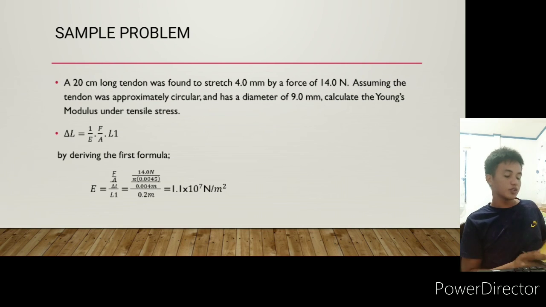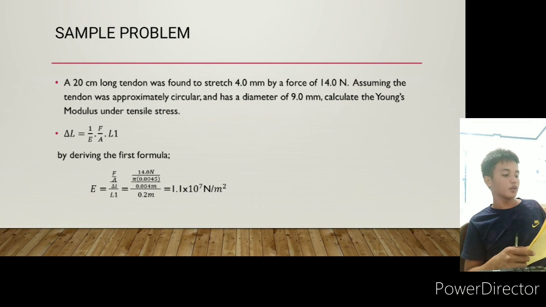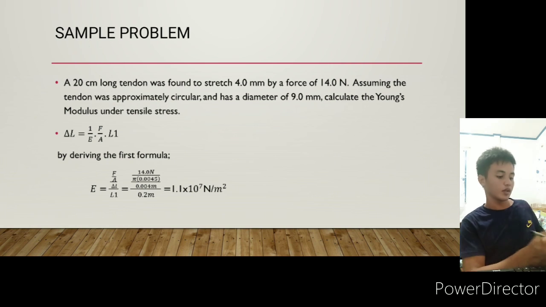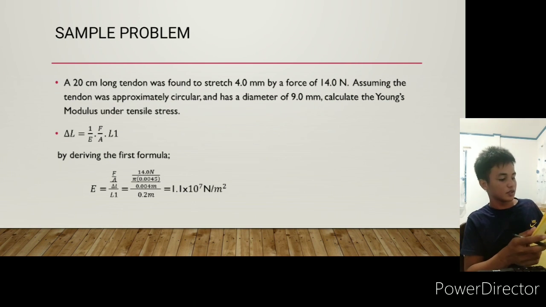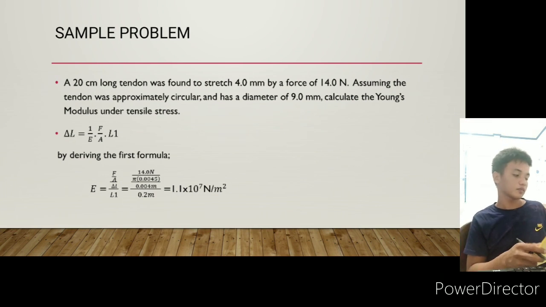So 9.0 millimeters times 0.001 meter over 1 millimeter. So we can cancel the millimeter. After we get the value, we need to multiply it by 1/2, so we get the value of area, which is pi times 0.0045 meter.